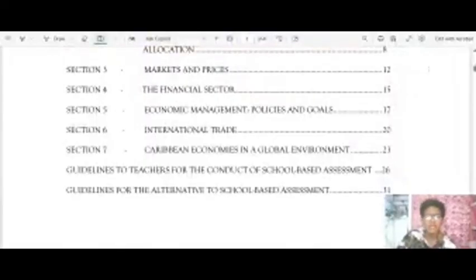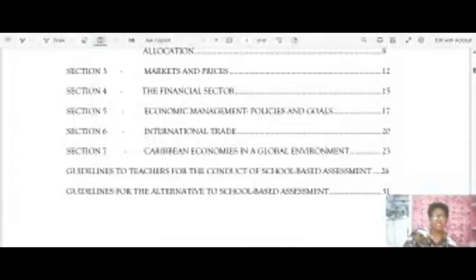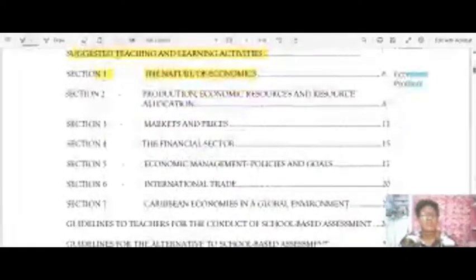There are different types of markets, and we will be discussing markets on this stream. Topics such as the financial sector, economic management, policies and goals, international trade and relations, and Caribbean economies in global markets. These are all the major sections for the topics in CSEC economics.